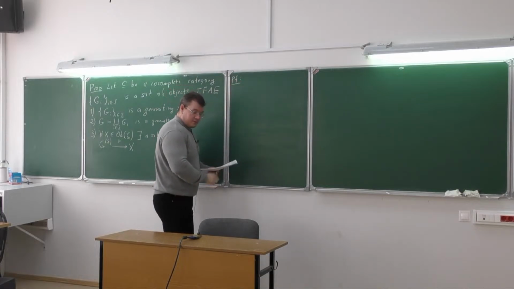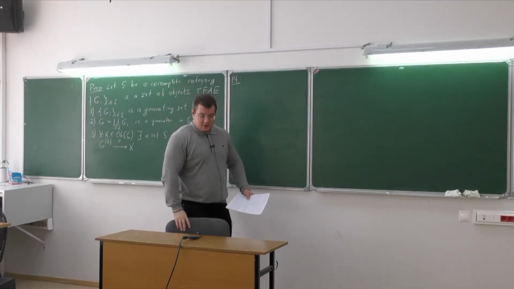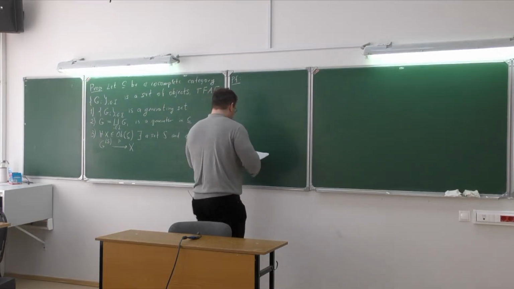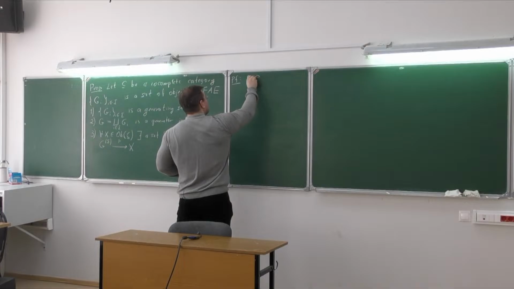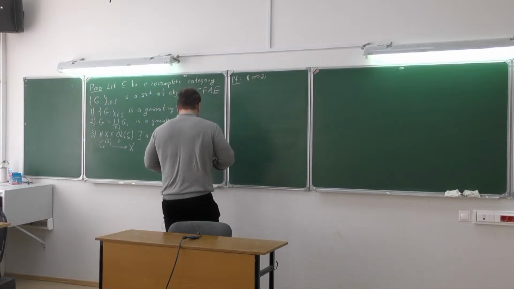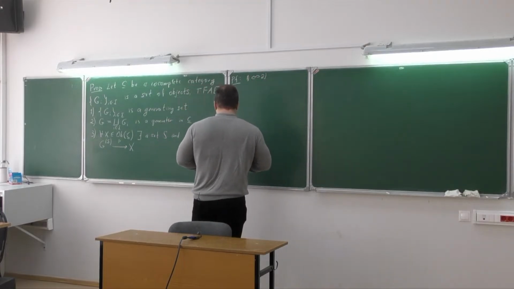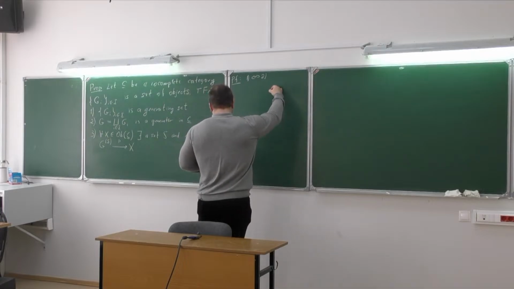So for the proof, I want to say that the fact that condition 1 and 2 are equivalent is quite easy to understand. So 1 is equivalent to 2. Well, there was a characterization of a generator in terms of the main representable functor being faithful.